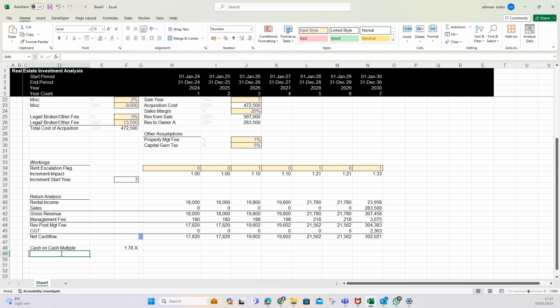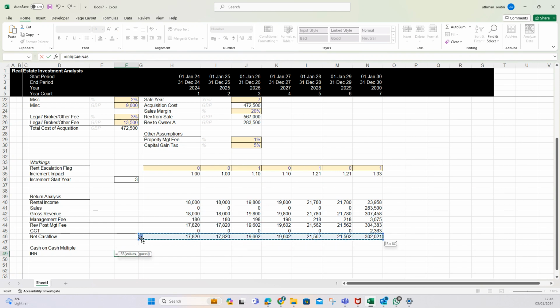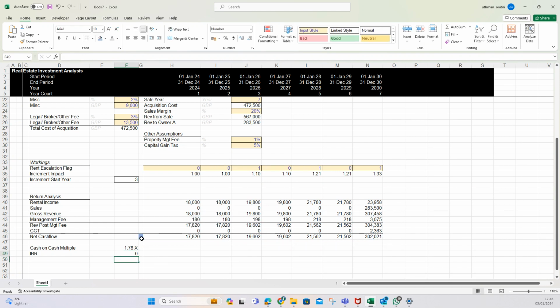Then we can do the IRR, which is also equals IRR. I like to use IRR here because this is more or less a series of equal cash flow. But some people will argue XIRR is something they also use.